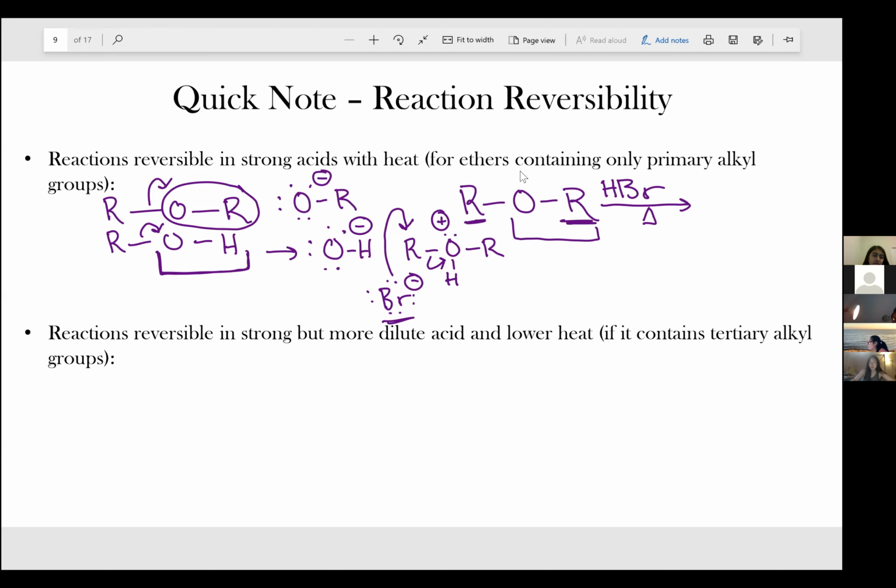Now, this reaction is very similar to our SN2 type mechanism, right? So what if we have an ether where one of the ether substituents, one of those sides, is a tertiary carbon?